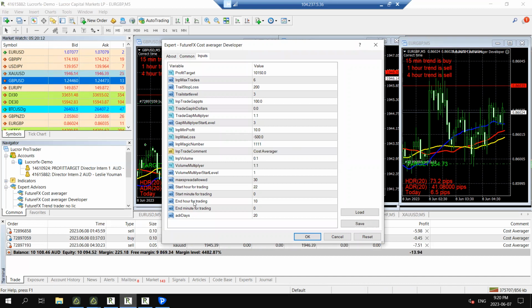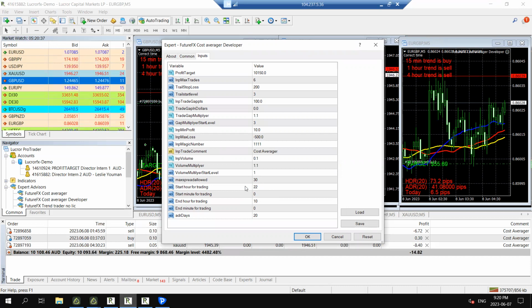The next 4 settings are the time parameters, the time filter, whatever you want to call it. These are the default settings and mostly what I start with. Sometimes I do vary it, but this is a good starting point. These times are based off Market Watch times, so it will be the same for everyone. You don't need to worry about what time zone you're in.